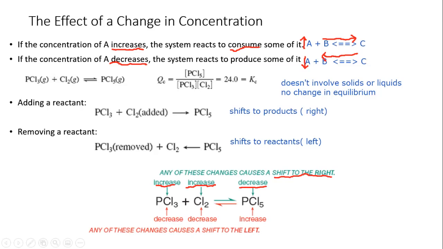Now on the bottom in red are those that will cause it to shift to the left. So of course, if we decrease a reactant, it's going to shift to the reactants. If we add product, it's going to shift to the reactants. So again, that does this to reestablish equilibrium. That's how concentration affects equilibrium.